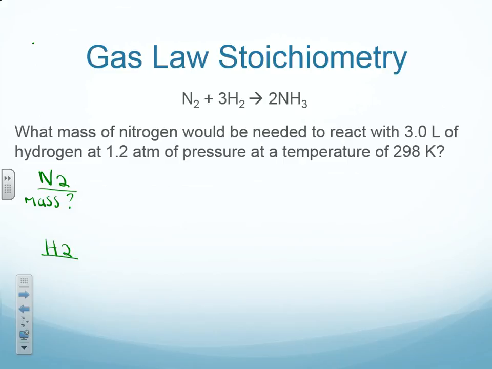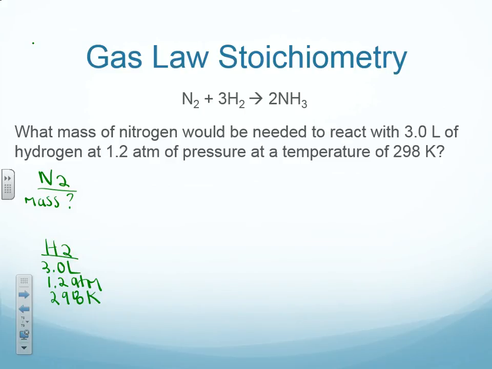So it's saying 3 liters of hydrogen at 1.2 atmospheres and a temperature of 298 Kelvin. Okay, so you are given a bunch of variables that could be plugged into the ideal gas law equation. So what we're going to need about hydrogen is the number of moles that is going to react, so we can then figure out the mass of nitrogen.